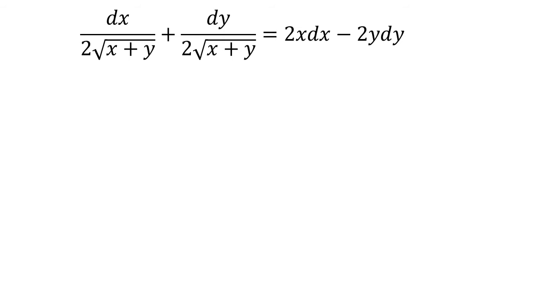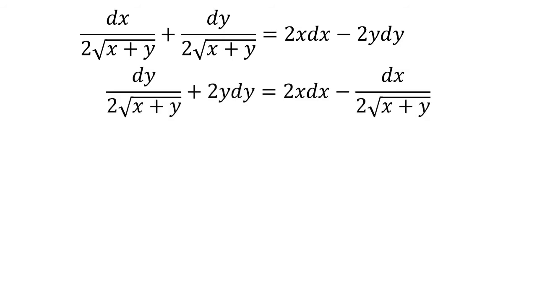And like what we did in the previous examples, write the terms with dy together, and write the terms with dx together. The terms with dy will be on the left side of the equation, and the terms with dx will be on the right side of the equation.